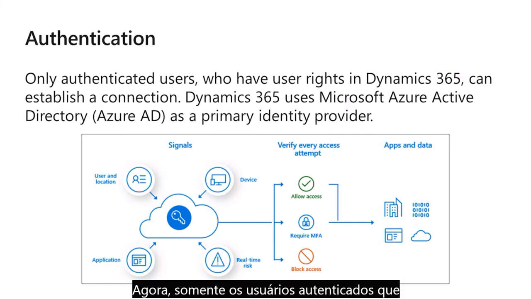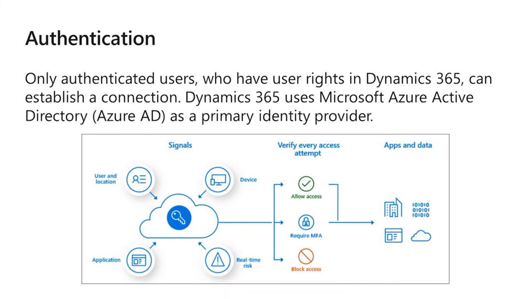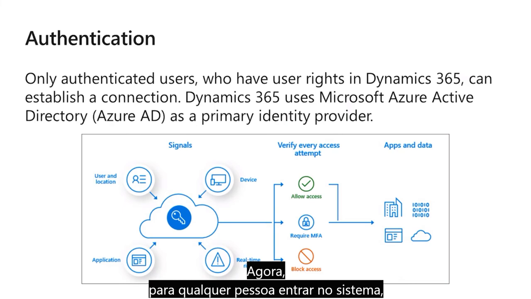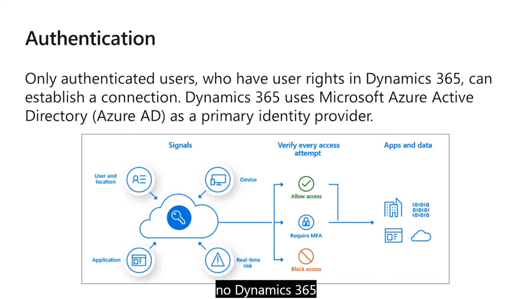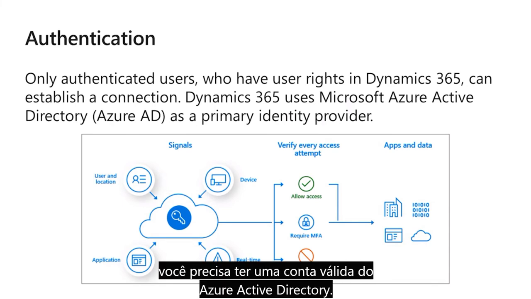Now, only authenticated users who have rights in Dynamics 365 can establish a connection. And Microsoft Dynamics 365 uses the Azure Active Directory as a primary identity provider. Now, for anyone to get into the system, you must have a user profile in Dynamics 365, and in order to do that, you have to have a valid Azure Active Directory account.